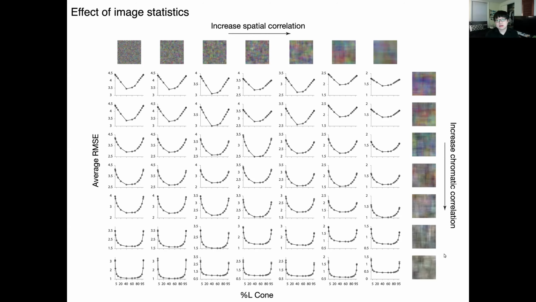As you can see, for a high degree of spatial and chromatic correlation, similar to natural images, we obtain a very similar pattern. However, for much lower spatial and chromatic correlation, we obtain a much higher dependency of the average reconstruction error on the L cone proportion. And you can also see a rather clear optimum around an even split of L and M cones.